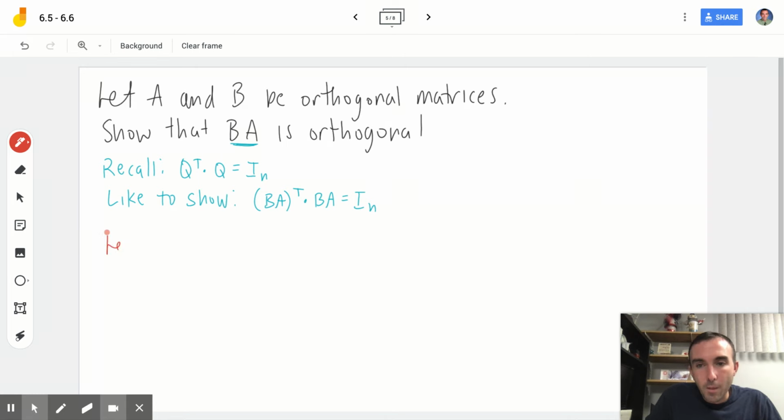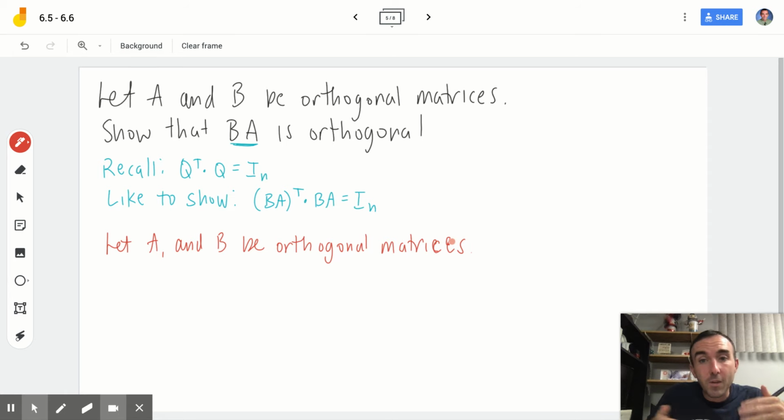So we're going to say let A and B be orthogonal matrices. If you're likening this process back to high school geometry, this is sort of like the given.